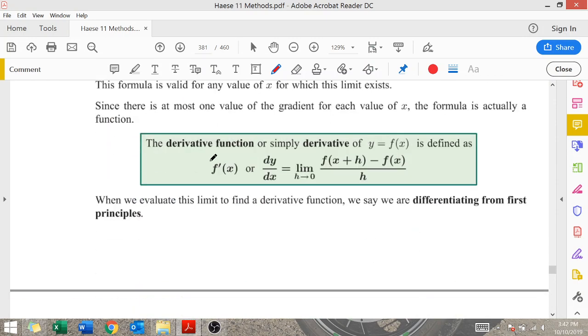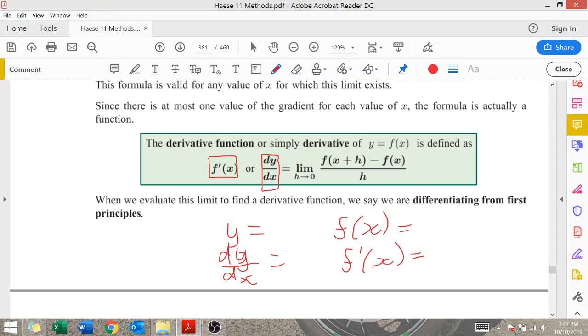We introduced the idea of f dash x representing the derivative function, or dy dx representing the derivative function, depending on whether we're talking about some function in terms of y equals. Then the derivative would be dy on dx. Or if we're talking about some function f of x, the derivative is then f dash x.